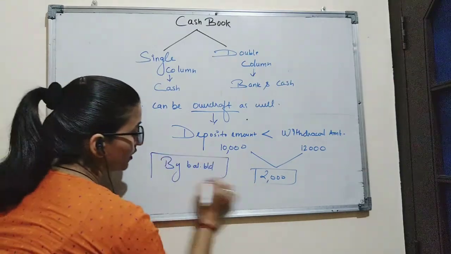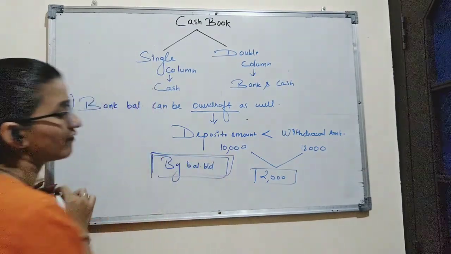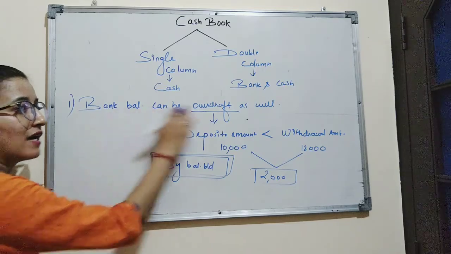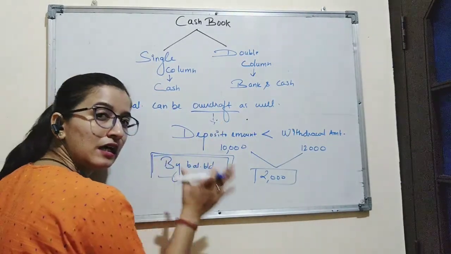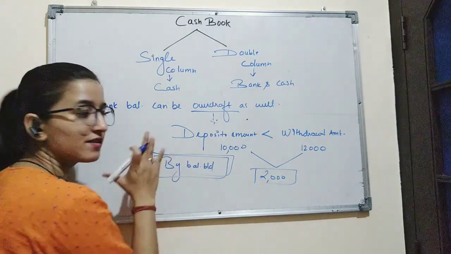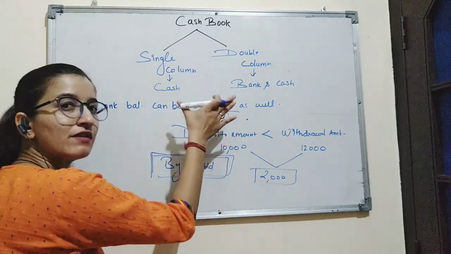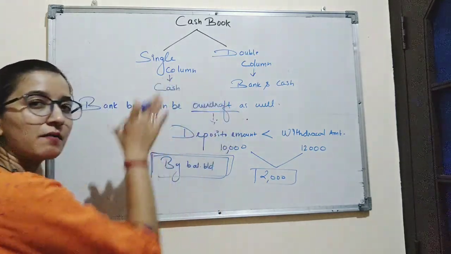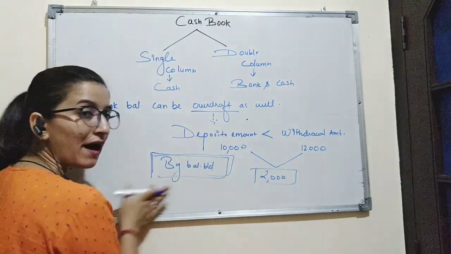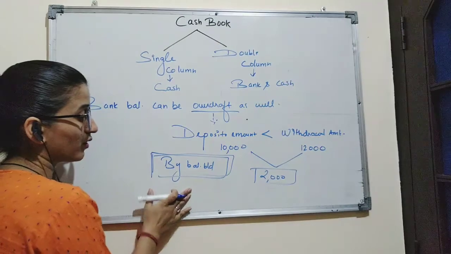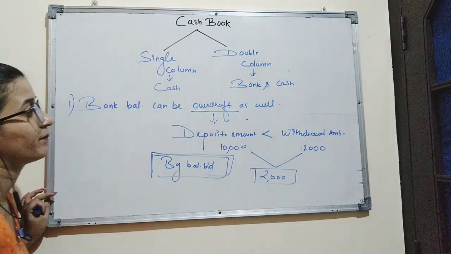So here is the important thing: whenever you have the opening balance of bank as overdraft, you will record that amount on the credit side, because the credit side is the payment side and bank overdraft is a liability. Liability means the company has to pay that amount. So that is why it is recorded as by balance brought down, on the credit side.